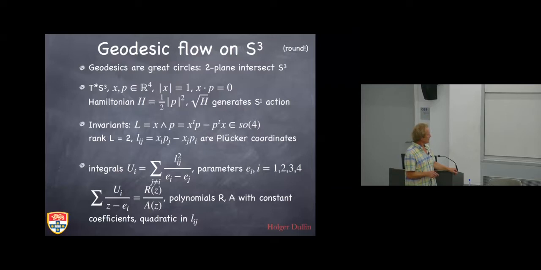For each i here, I'm writing down 4 integrals. They're not all independent. Of course, they sum to 0, for example. And I'm introducing now 2 polynomials here. If I sum these integrals up in this way, then I get a ratio of 2 polynomials, R and A, and these have constant coefficients and they're quadratic in these L_ij's.